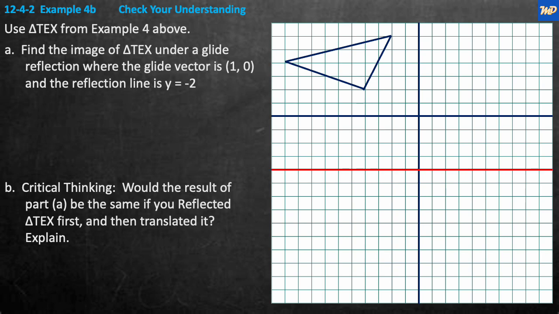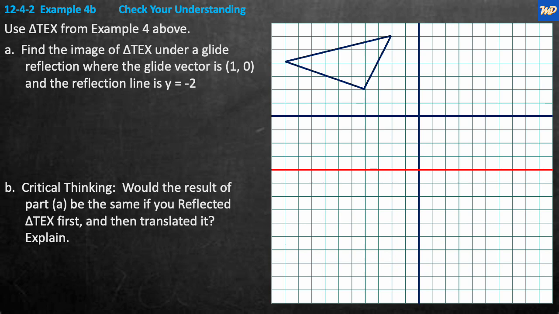Okay, I'm assuming now that you're back. So here's what I've got going for us. I've drawn in a little bit of the preparatory work for the reflection. So what does it say? It says using TEX from example 4 above, find the image of triangle TEX under a glide reflection where the glide vector is 1 comma 0.